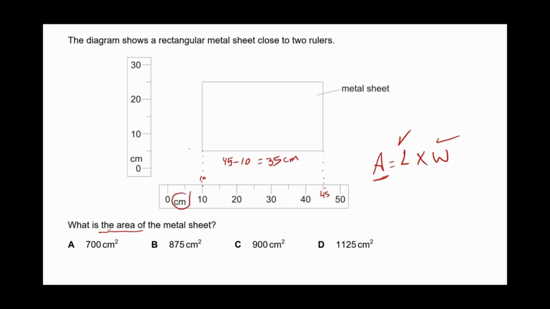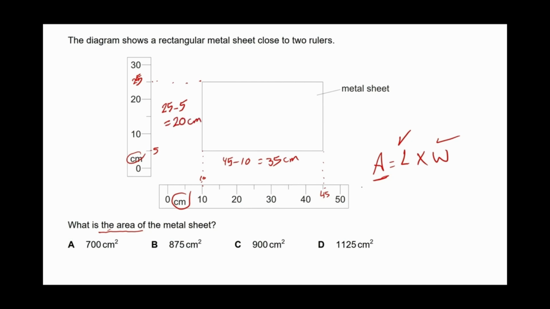Good. The width starts from this point. This point is exactly the mid distance between 0 and 10. So it starts at 5 and it ends at exactly 25 centimeters. So the width here is 25 minus 5 equals 20 centimeters.